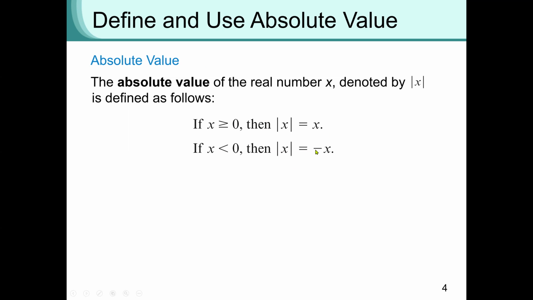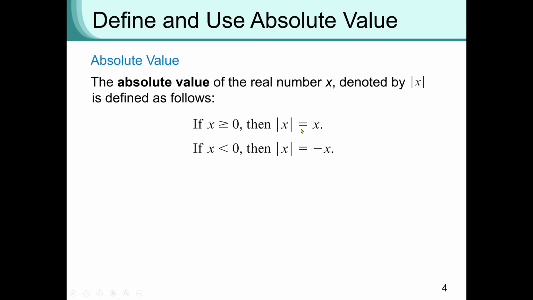So here, for example, we say negative x. What we mean by x and negative x is, for example, if we have the absolute value of 7, the answer is 7. If we have the absolute value of negative 7, the answer is positive 7. So with absolute values, our result will always be a positive solution.